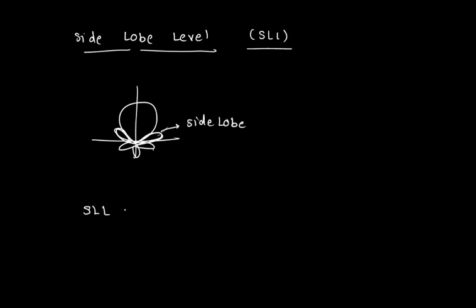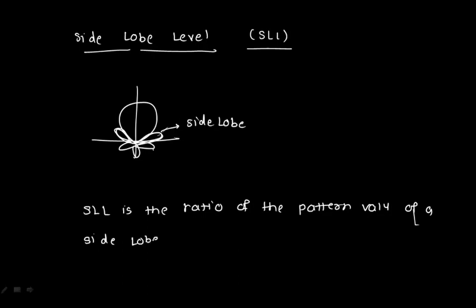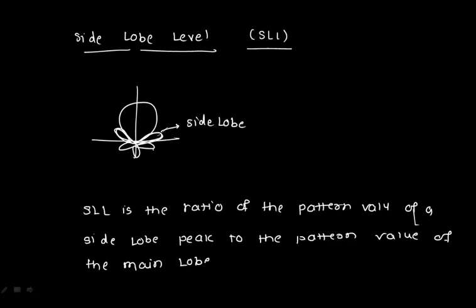So SLL is the ratio of the pattern value of a side lobe peak to the pattern value of the main lobe. The peak here, divided by this, will be called the side lobe level.